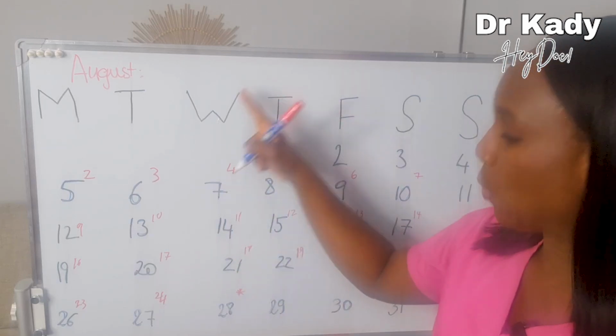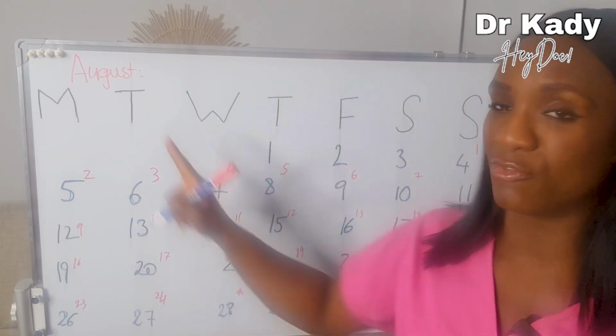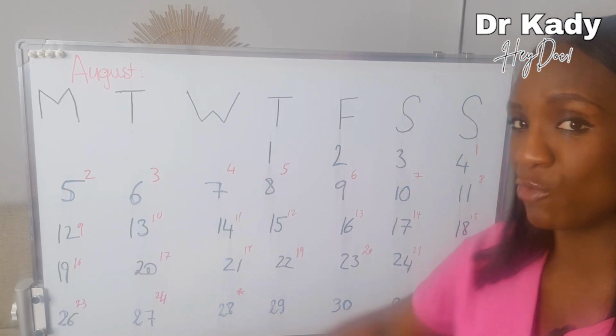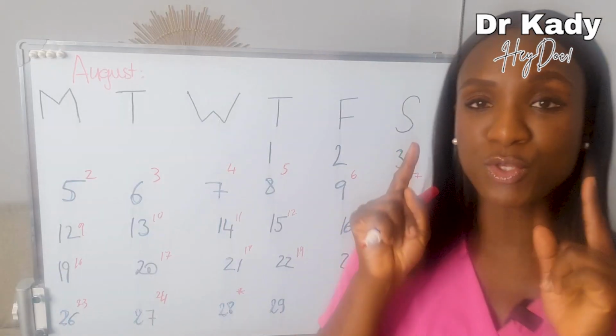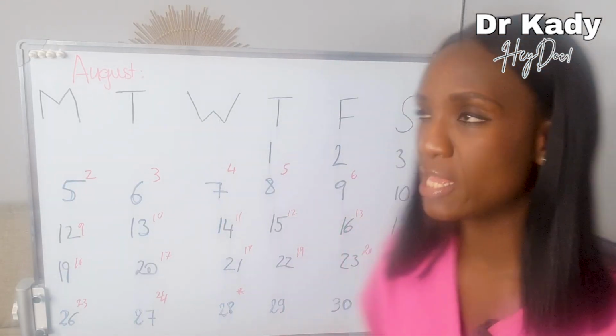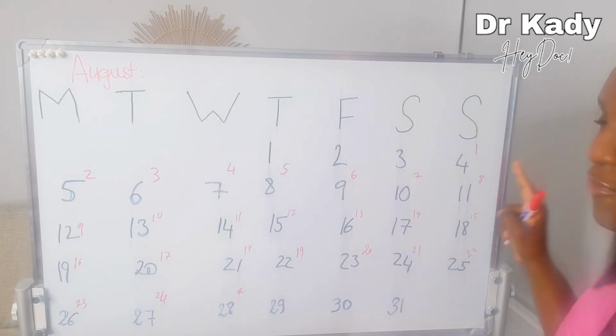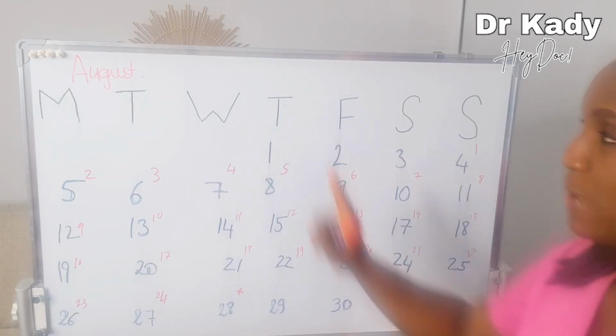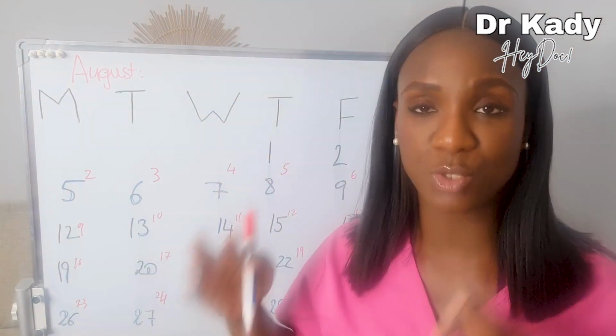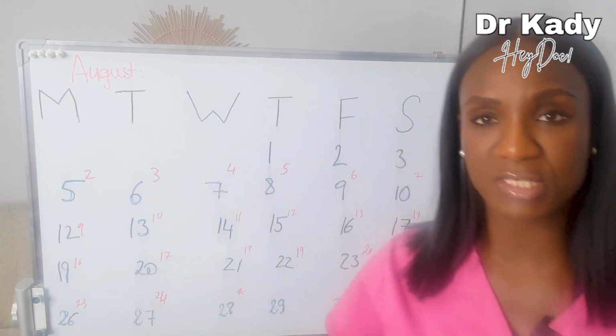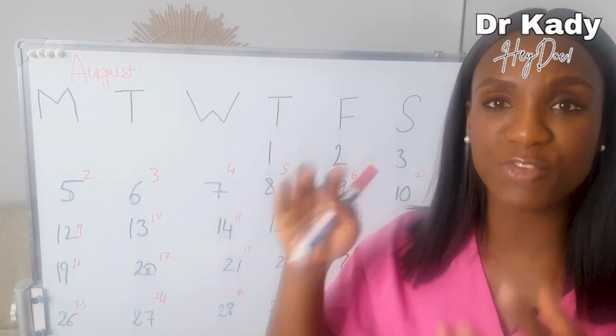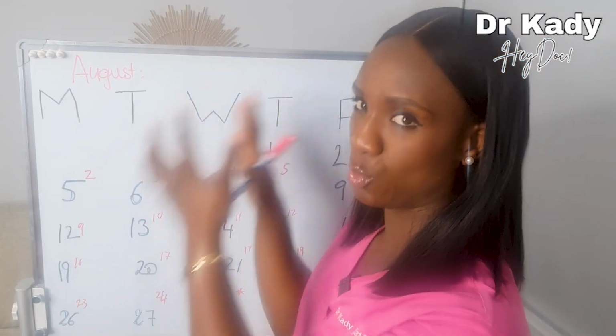It's the Wednesday, the 28th of August, the start of your next cycle. So your cycle for the month of August started on Sunday the 4th of August and went right through to Tuesday the 27th of August, which was the last day of your cycle for the month of August.